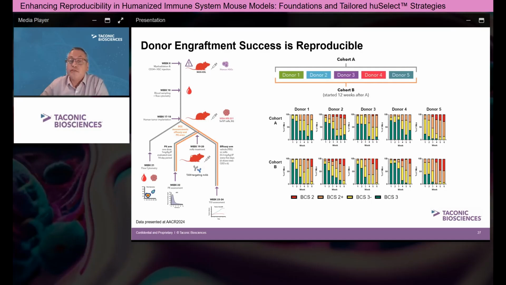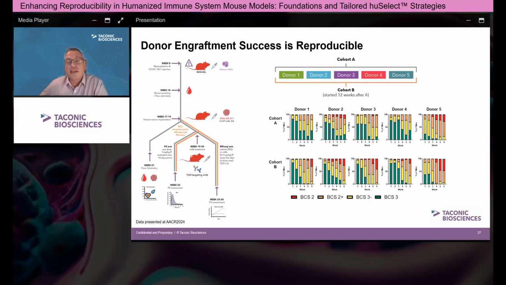The graphs in the lower right demonstrate body condition scores for these engrafted mice following tumor engraftment, in which a BCS of 3 is a healthy mouse, and a BCS of 2 indicates declining health over time. By just comparing the colors, it's apparent that there are similarities within each donor, but differences across the different donors.